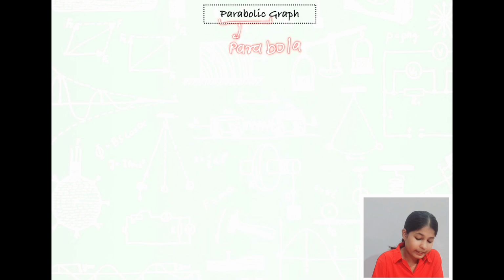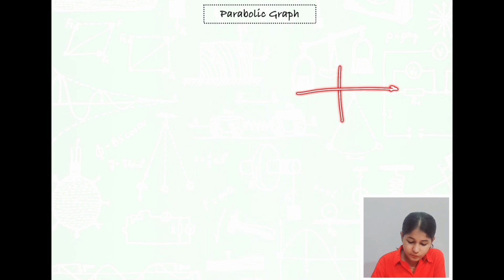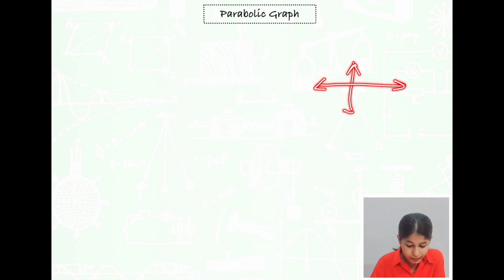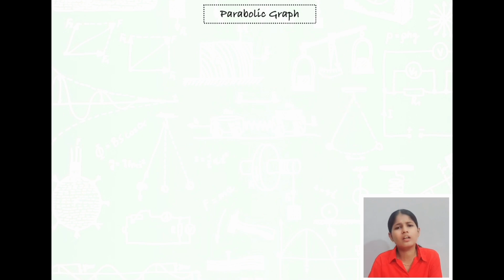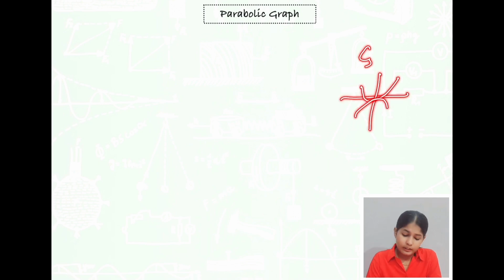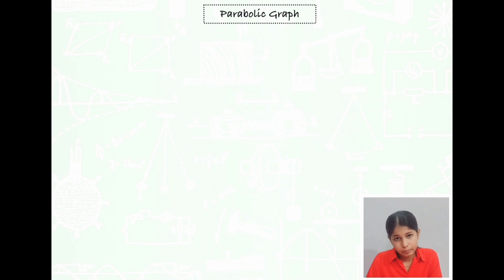Okay, let me draw a parabola. In your class 10th, you have a polynomials chapter in which you have understood what a parabola is exactly. You haven't studied it very deeply, but you were given some equations and you just had to plot a parabola on the graph.